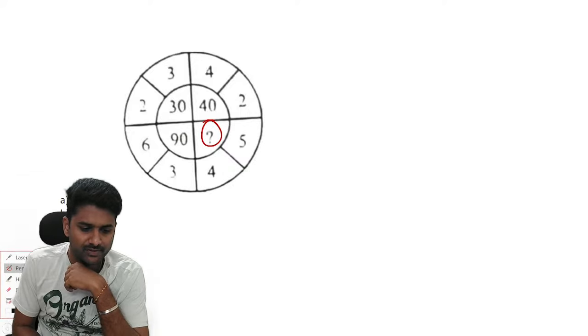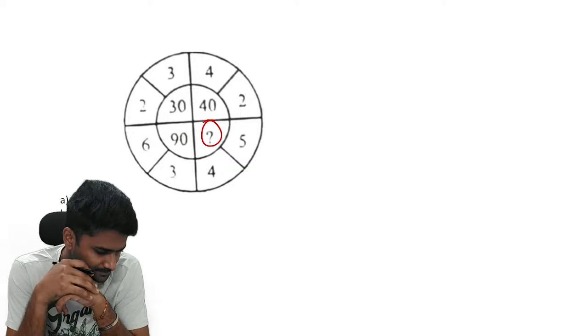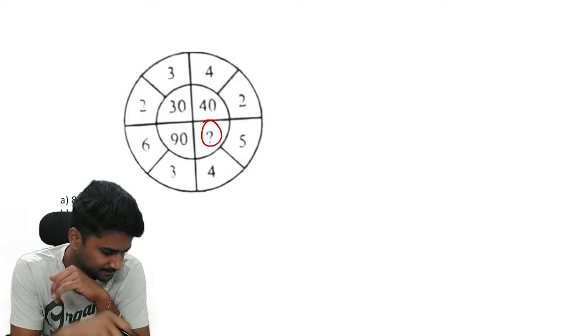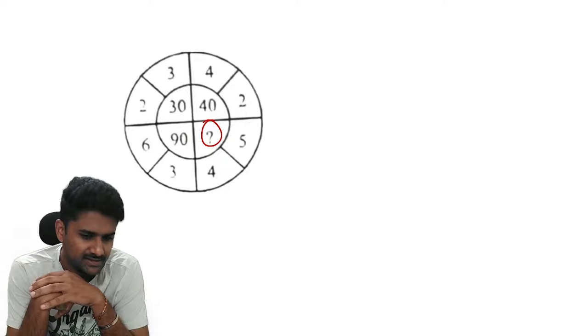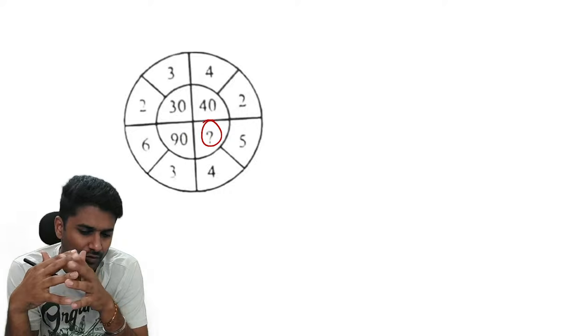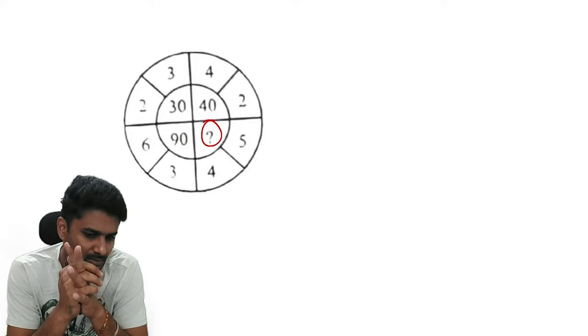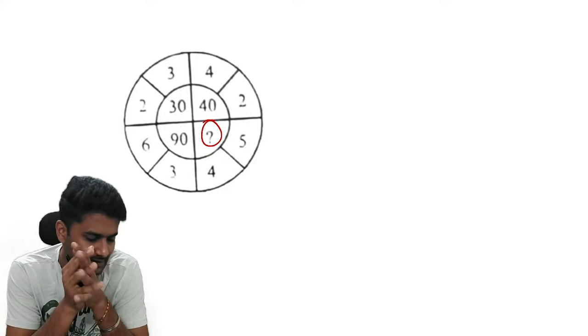So which number should replace? Observe the sequence: 2, 3, 30, 4, 2, 40, 5, 4, dash, 6, 3, 90. So what is the logic for this question?